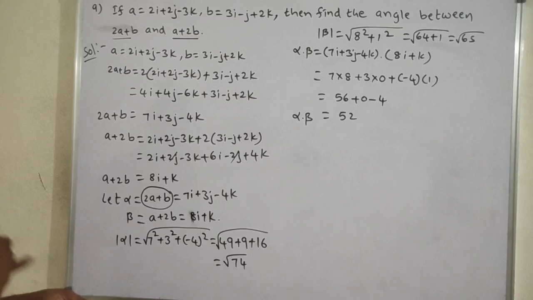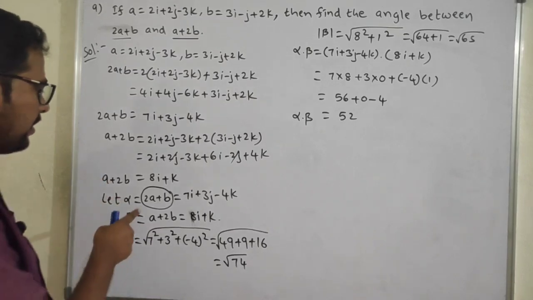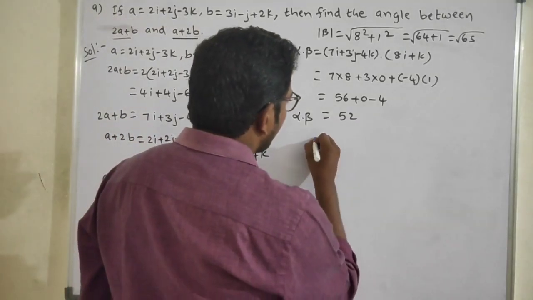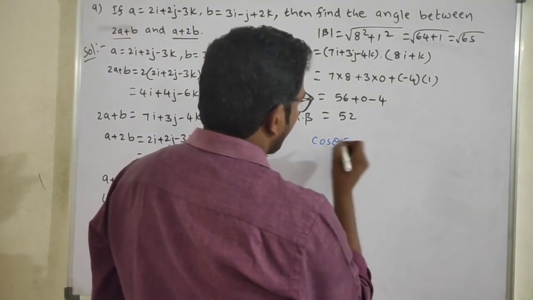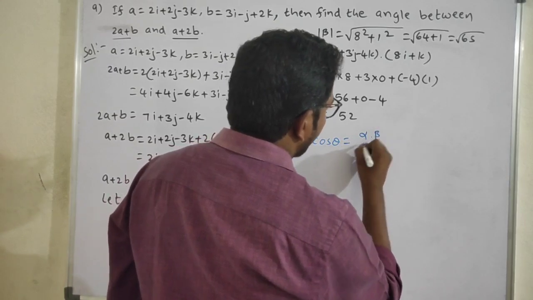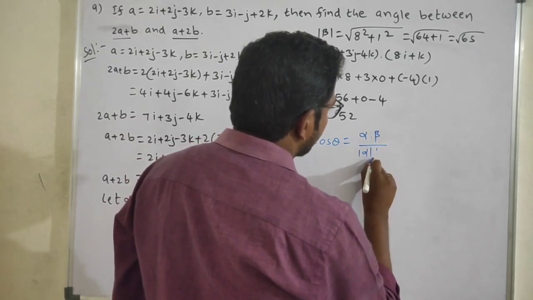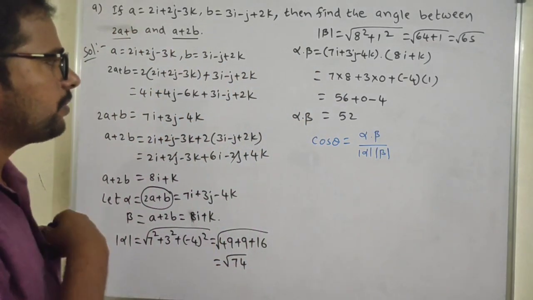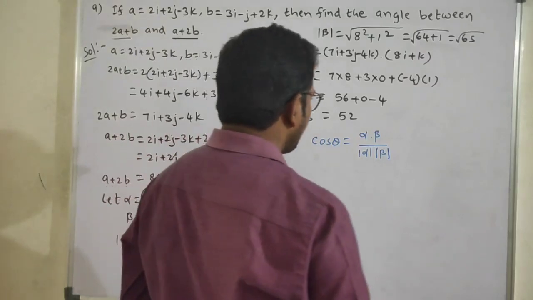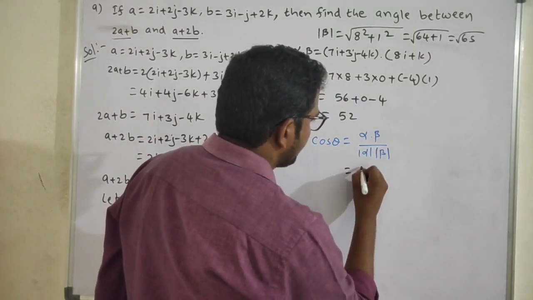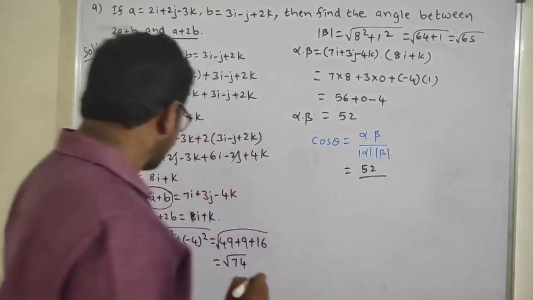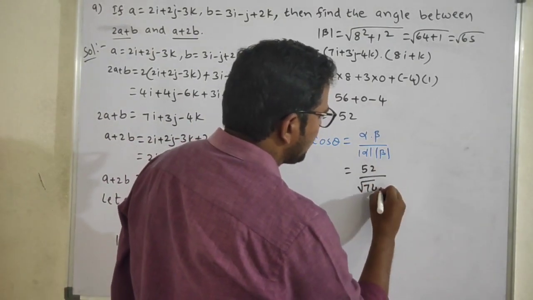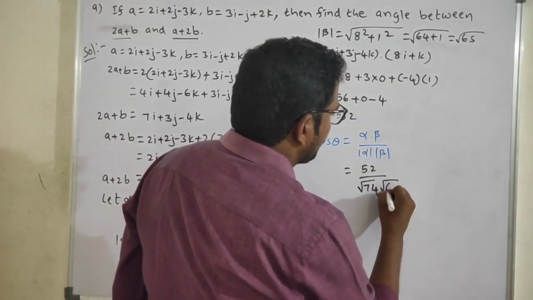Now we find the angle between alpha and beta. Alpha means 2a plus b, beta means a plus 2b. What is the formula? Cos theta is equal to alpha dot beta by modulus alpha into modulus beta. Now substitute values. Alpha dot beta is 52, divided by modulus alpha, under root 74, into modulus beta, under root 65.